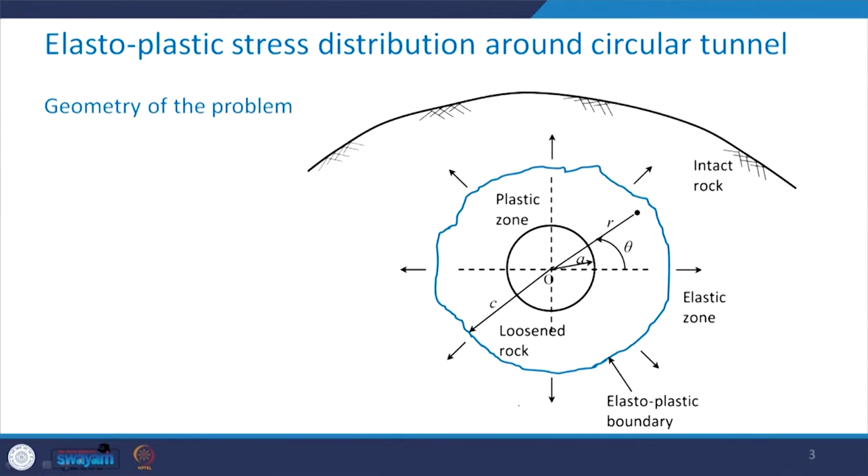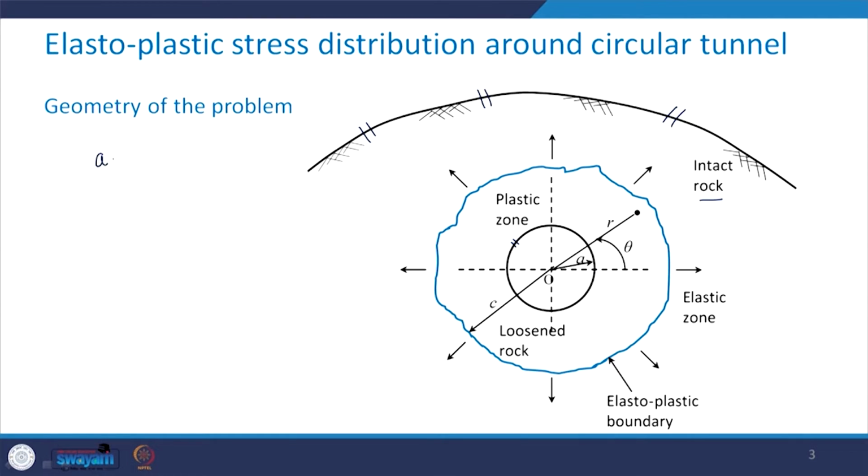So, this figure shows the geometry of the problem. You see that this is the ground condition. Here this is the intact rock, and in this rock you have made the excavation in the form of this circular opening, which has a radius of a.